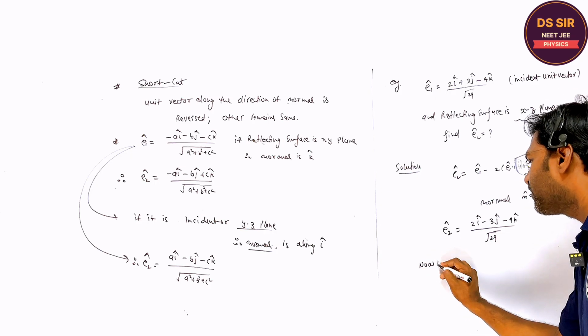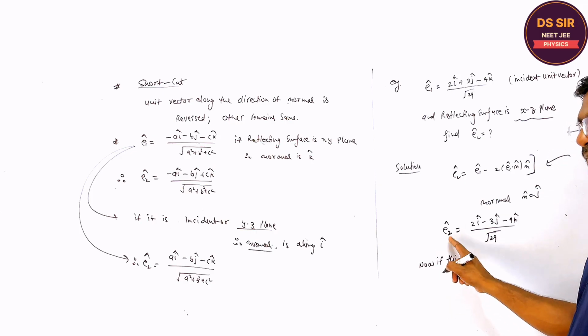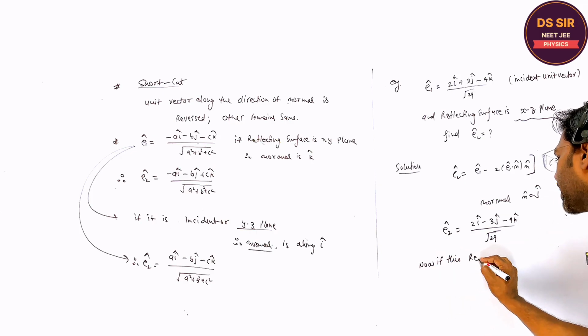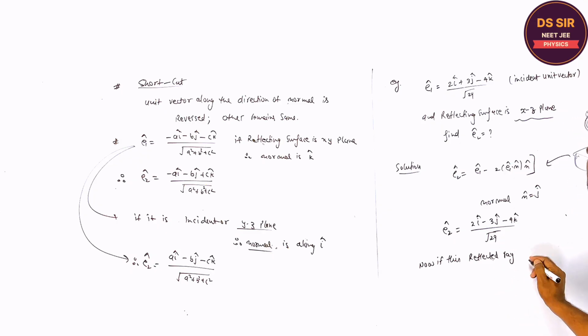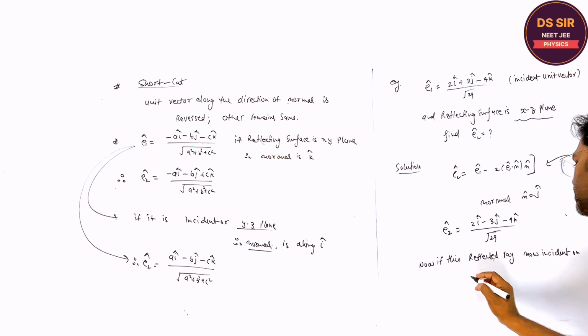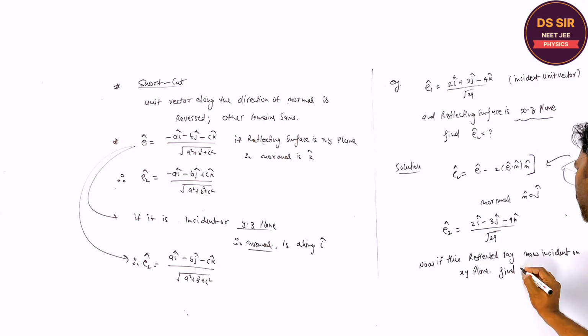Right. Listen, one more thing. Now, if this is the first reflected ray, now this reflected ray is incident on the xy plane. Is it clear? Find the finally reflected ray, unit vector E2.